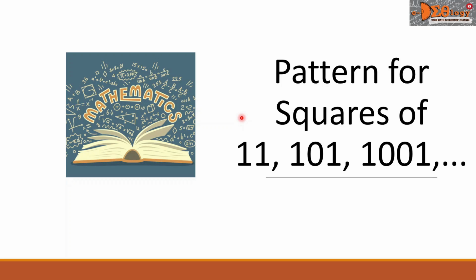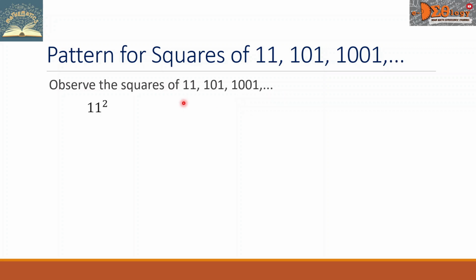Hi everyone. Today we're going to study pattern for squares of 11, 101, 1001, and so on. Observe the squares of 11, 101, 1001, and so on. Let's begin with 11 squared.